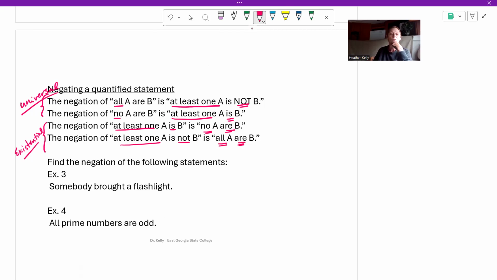All right, so let's find the negation of the following statements. Somebody brought a flashlight. So what's the negation of somebody? First off, is somebody universal or existential? Somebody is existential. Okay, so we need to negate it with a universal statement.